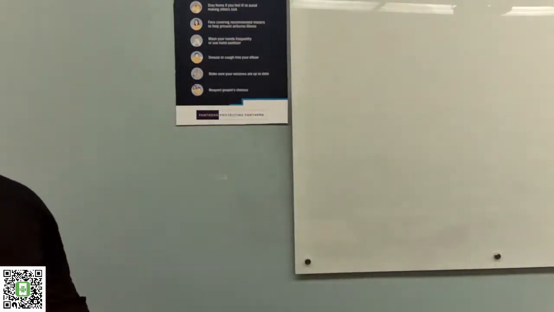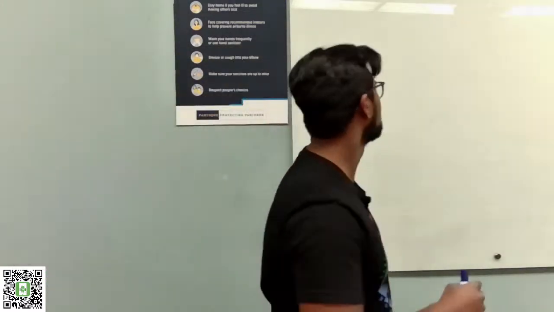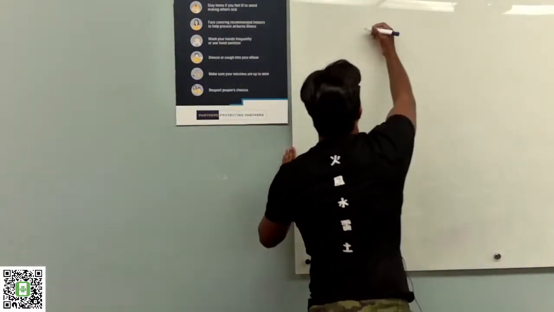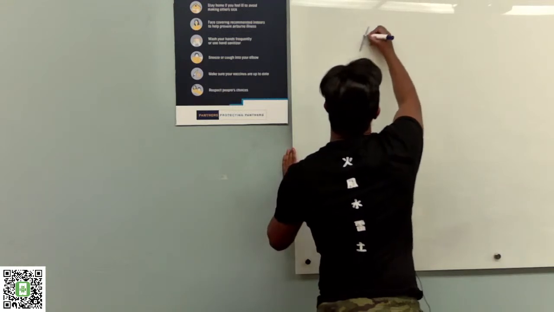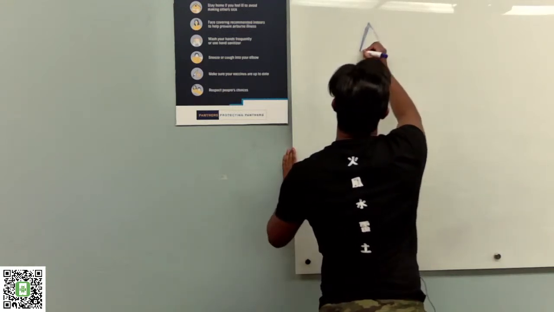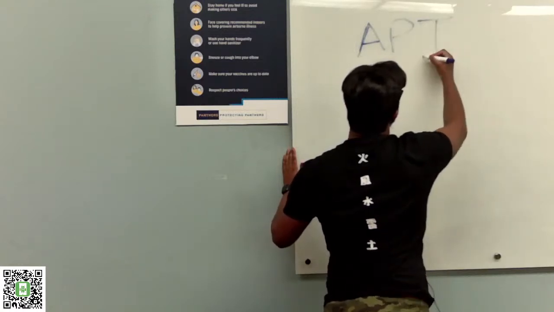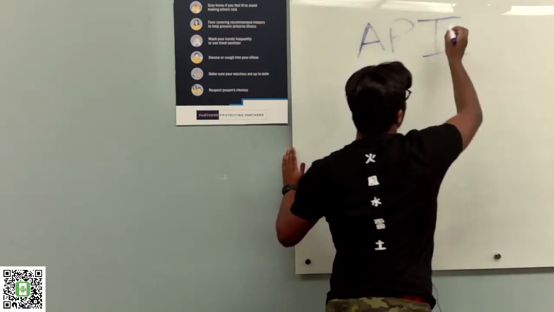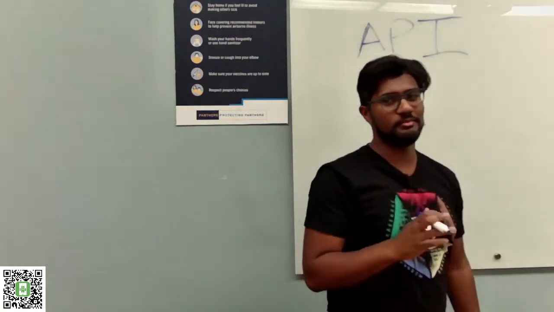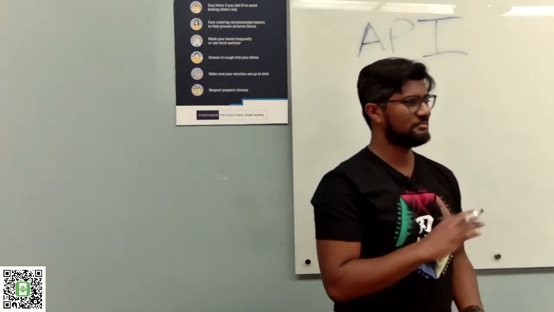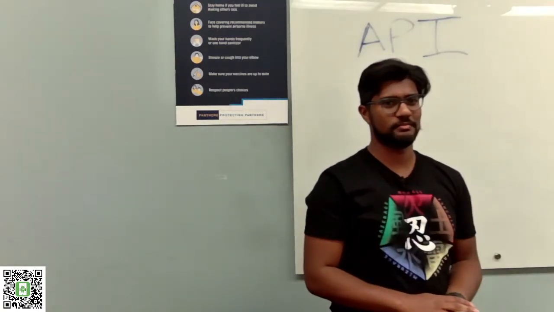So what we're going to do first is going to be very textbook, but it'll make sense. Okay, so first we're going to go into API. Does anyone off the top of their head know what this stands for? Anyone want to take a guess?